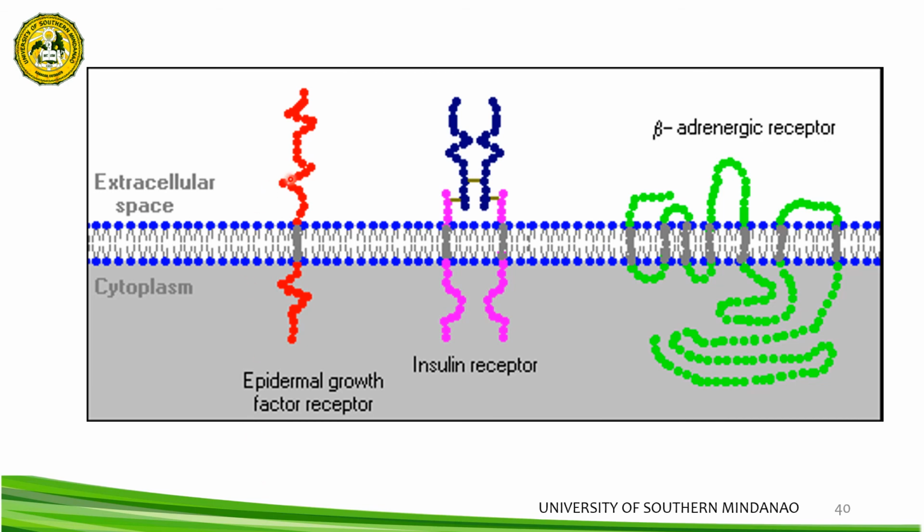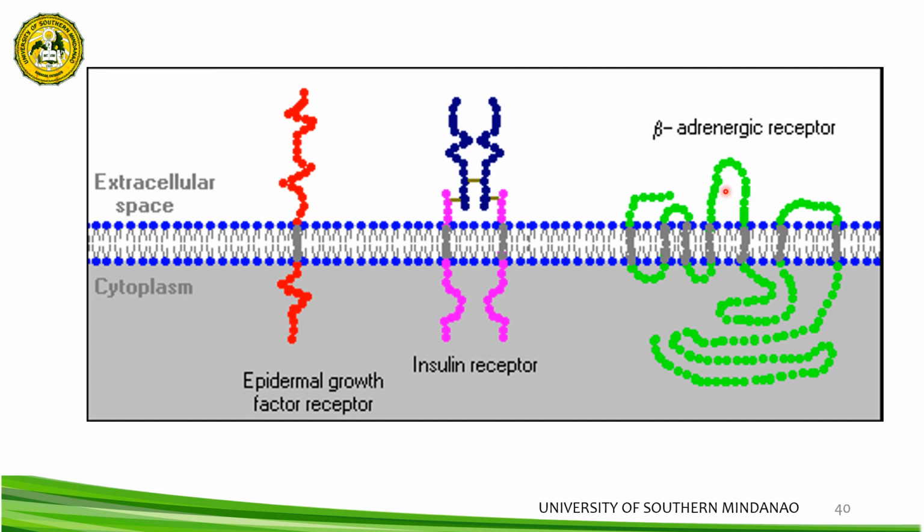As you can see here, we have the plasma membrane, the extracellular, and the cytoplasm. The cell surface receptors mainly have three domains. We have the extracellular domain, the transmembrane domain, and the intracellular domain. The intracellular domain is the one that is found in the cytoplasm.